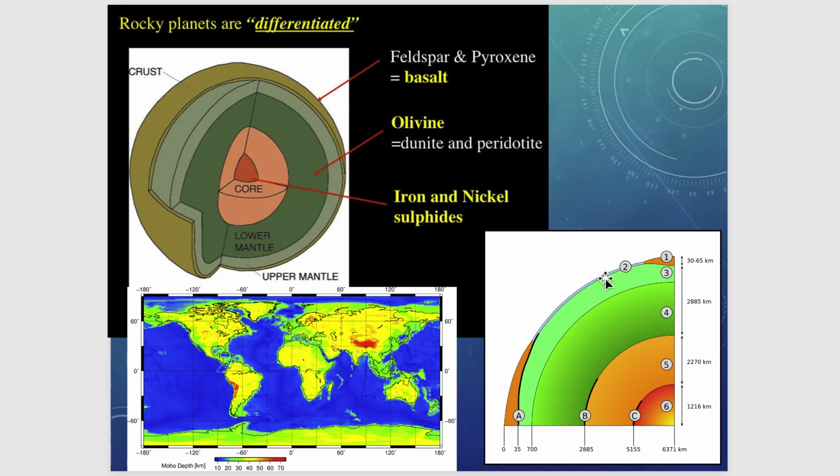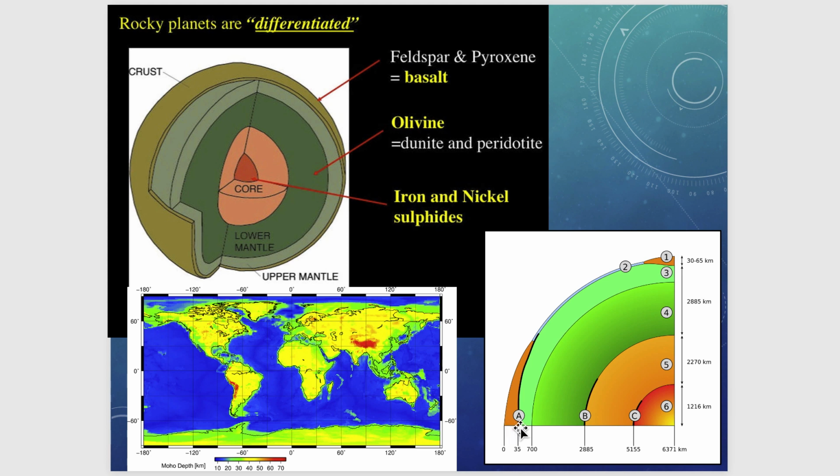The oceanic crust is usually on the order of 7 kilometers or less, and this gets progressively thicker because of tectonic processes in continents. And so within a continent, at the root of a continent where you have erosion, you will end up with much thicker portions of upper crust.